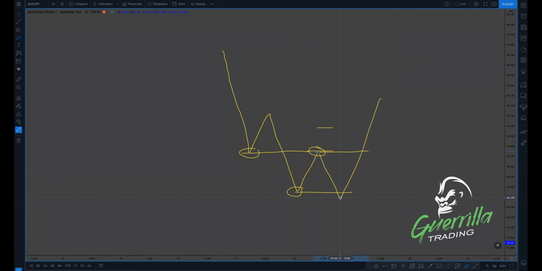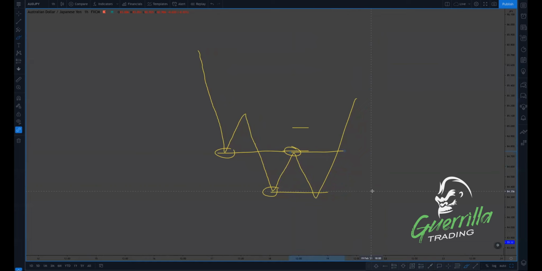So when the market does choose that it doesn't want to continue, and as we know, the market can do whatever it wants to do, it's down to the market's decision and not ours, all we can do is put ourselves in the best possible position to take advantage of that trend. And of course, the most important thing is significantly reducing our risk on that trade. And that's what we do.